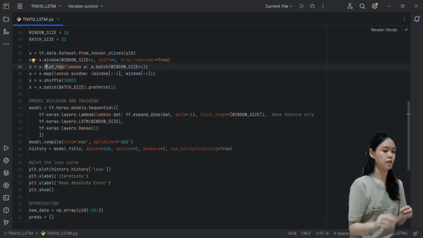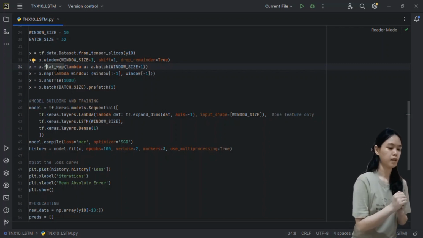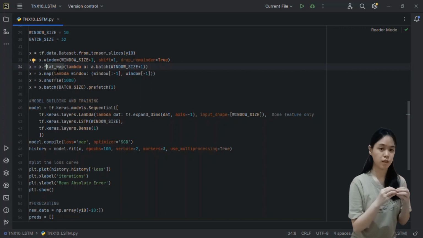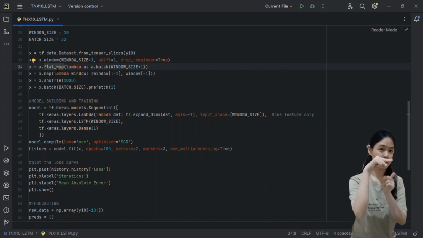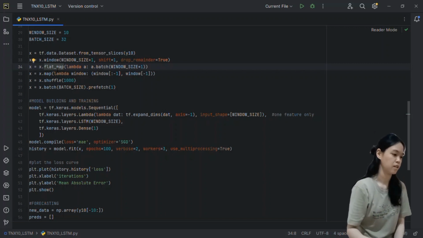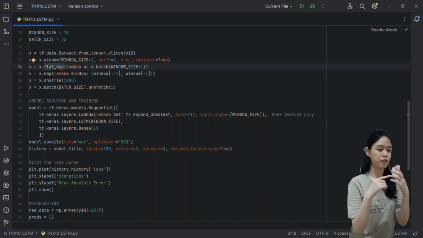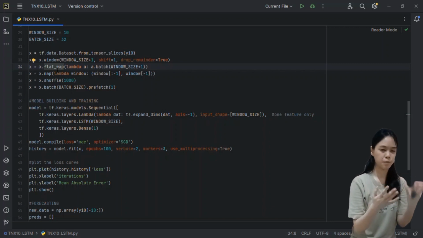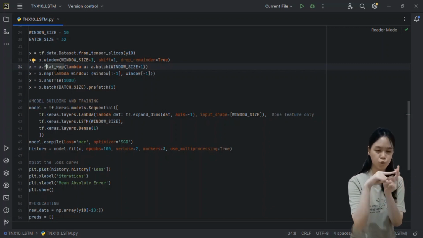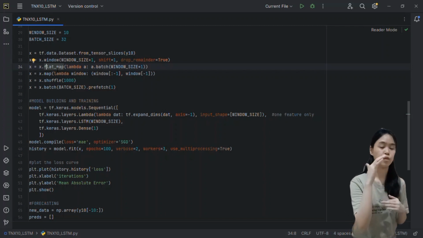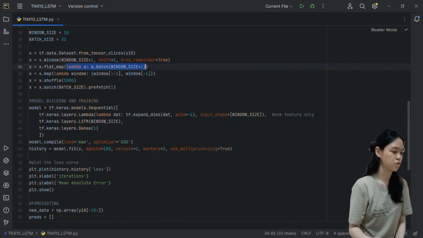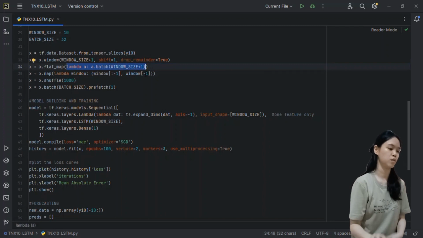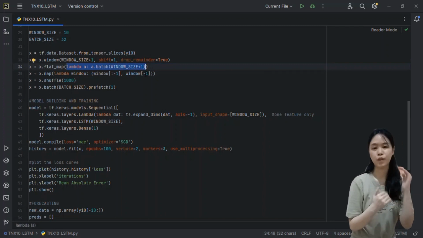Flat map is essentially a function that is applied to each dataset, to each of the 11-data-point datasets, and then the result would be flattened. So actually this lambda here is just a workaround to get a flattened dataset.